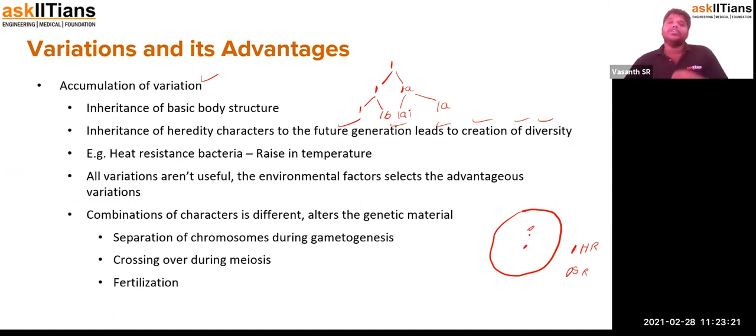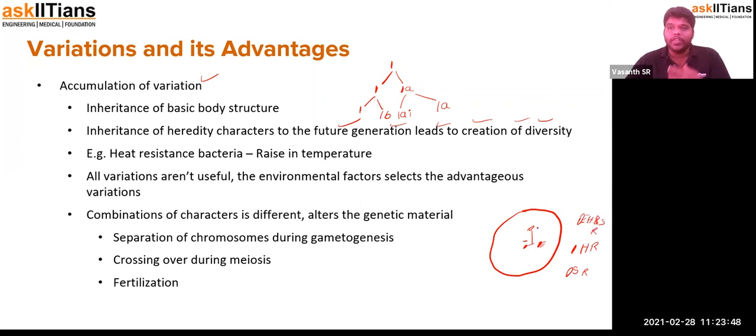Now, because of a sudden breakout in this region, the hot spring increases in temperature so much. In between this, they will produce a new variety, because of the interaction, which will be both heat and salt resistant.